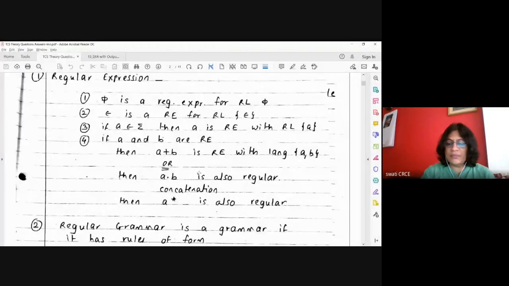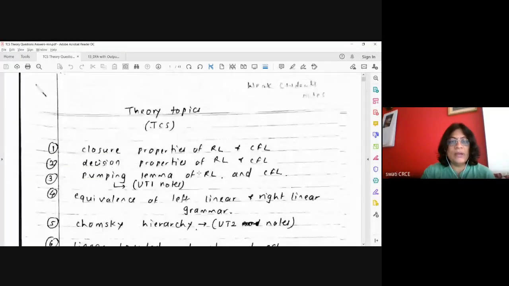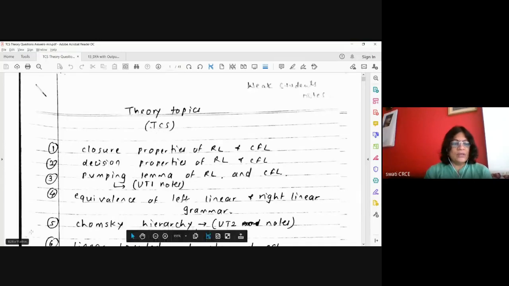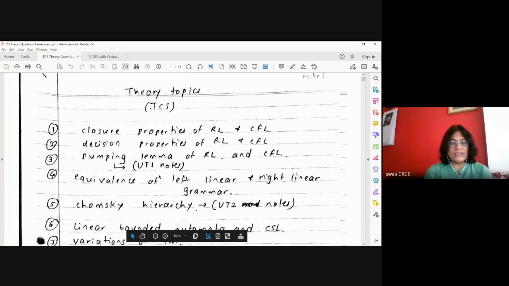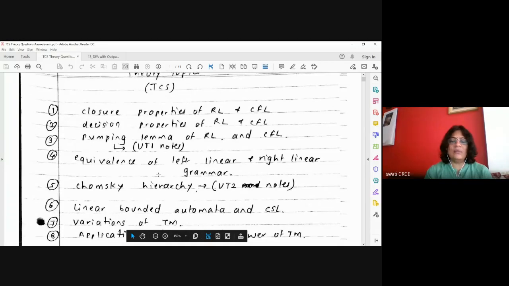Here I have created sample answers for theory questions which are asked in the paper for the theory of computer science subject. I've created a list of questions which were asked in previous papers. So these are the typical questions which are asked in most of the papers.